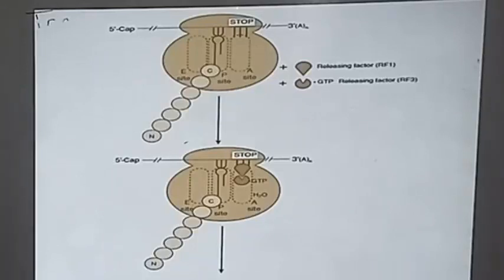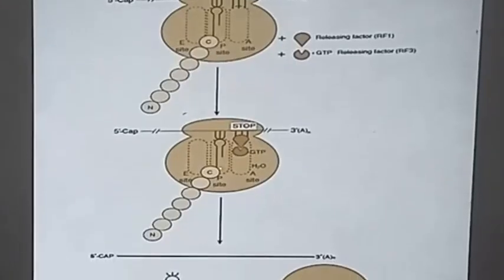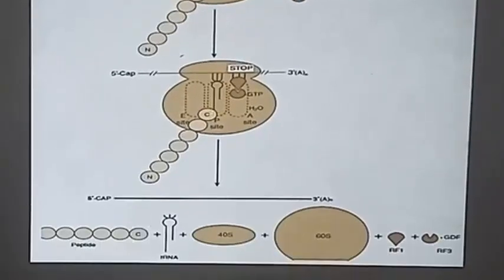Okay, I got one pointer, it will be easier for me. Stop codon. You see, this is your releasing factor 1, releasing factor 3 gets joined here, and then it recruits this water molecule, and this water molecule will hydrolytically cleave this particular ester bond. Now the polypeptide is liberated, the tRNA is liberated, the 40S, 60S, releasing factor 1, 3 are liberated.